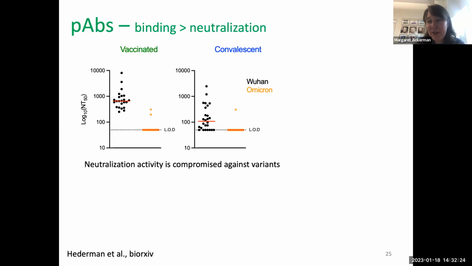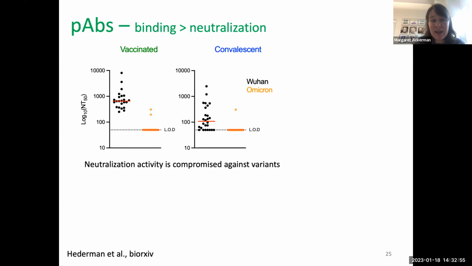So how about if we switch gears and move into the setting of polyclonal antibody responses? I think we're all well acquainted with the difference between binding responses, which have tended to be better conserved across variants, than neutralization activity, which has been severely compromised in terms of its ability to port from wild type early Wuhan strains, for example, to Omicron.